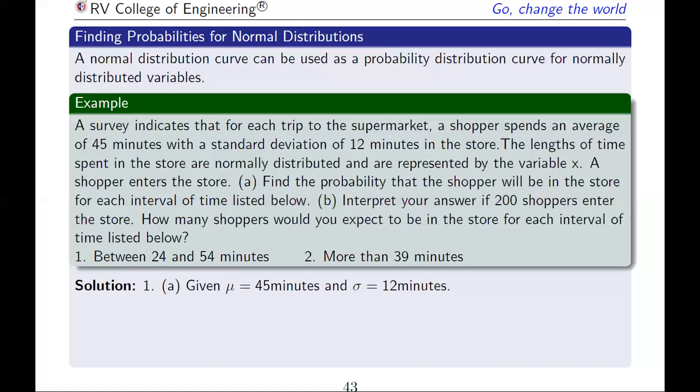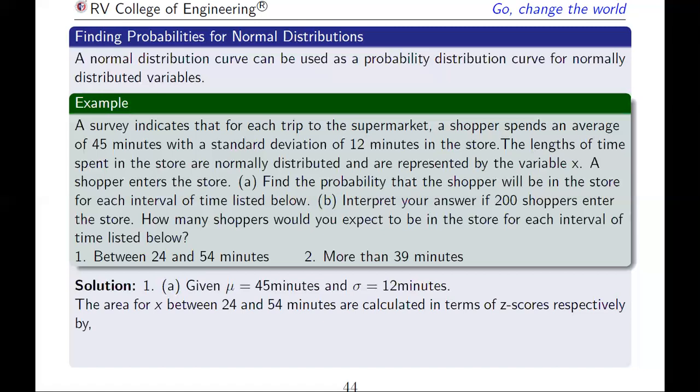So we consider these in terms of z as follows. So this is x value, mean, standard deviation, and for x value equal to 54, this is the value of z2.